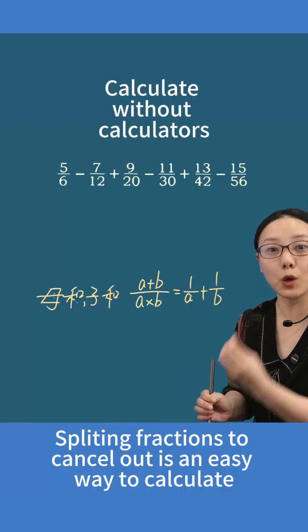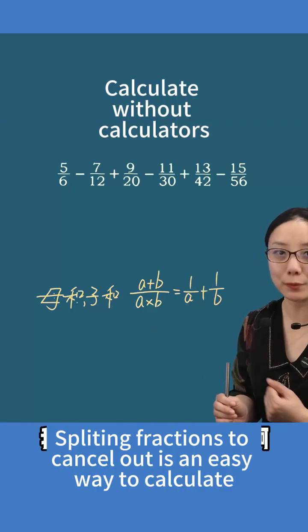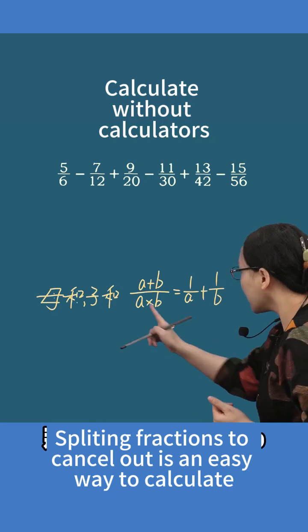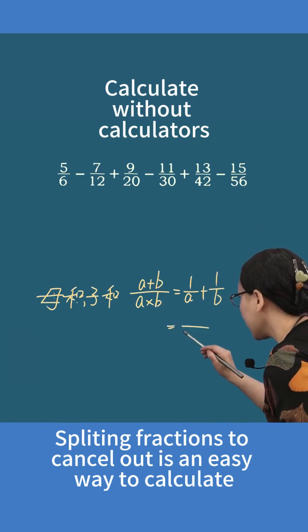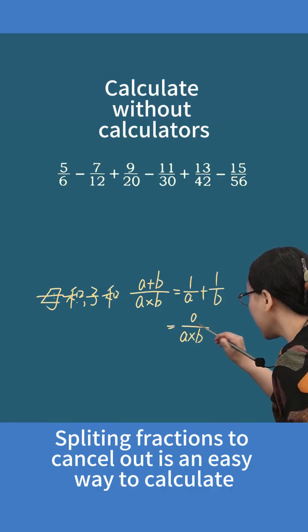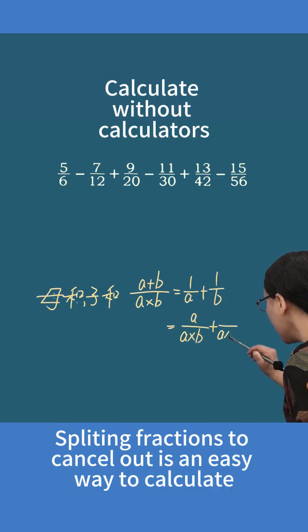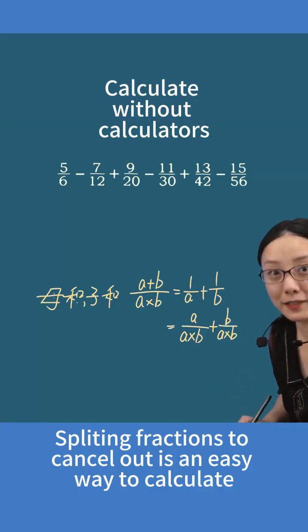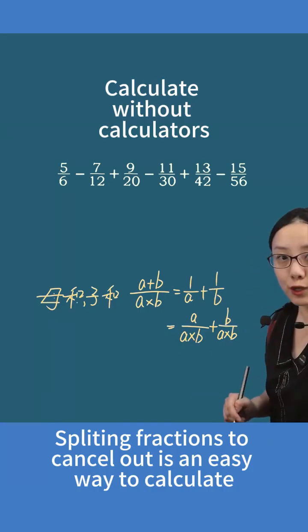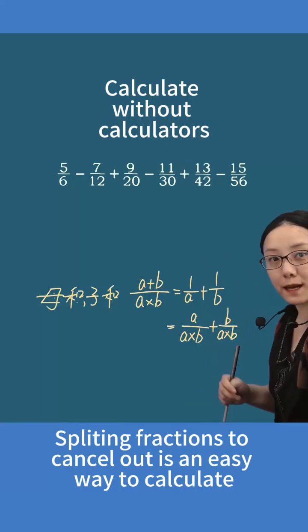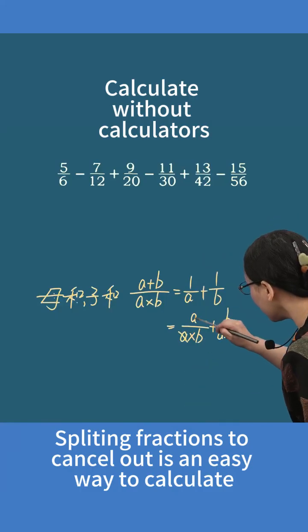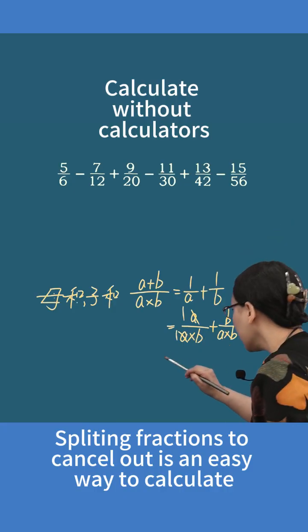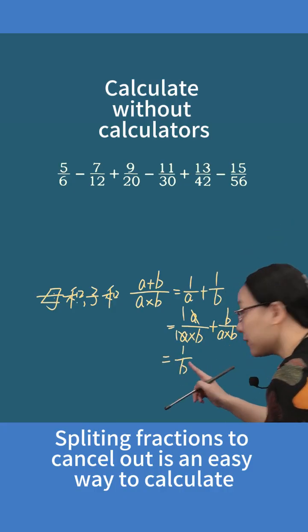Look at this. (a plus b) over (a times b). Can I write it as a over (a times b) plus b over (a times b)? Take the first fraction, for example. If I cancel out the a in the numerator and denominator, it becomes 1, so it turns into 1 over b.